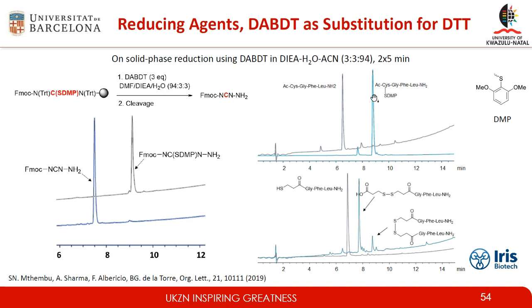Even when we have a C-terminal peptide as a mixed disulfide bridge with thiopropionic acid, using 2 times 5 minutes DAP can remove it, and we have our thiopeptide ready for making some conjugation.